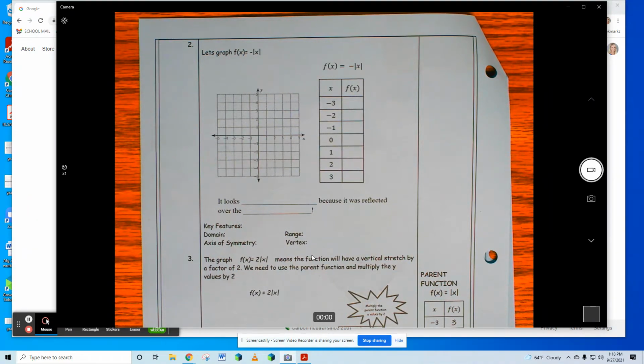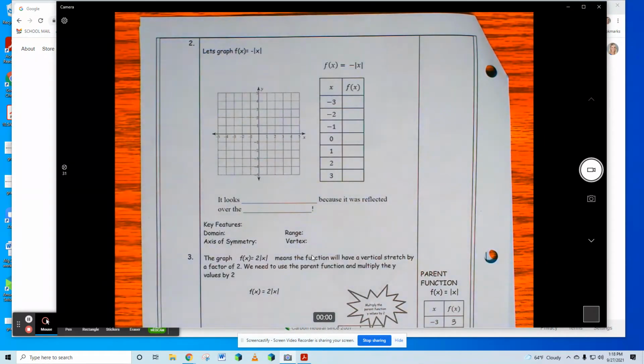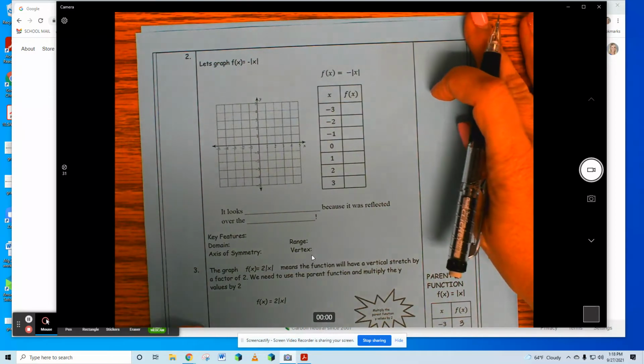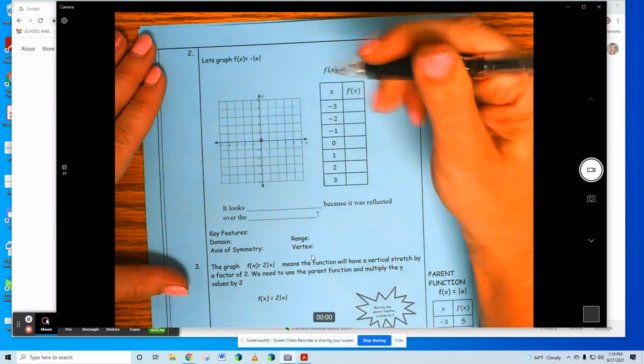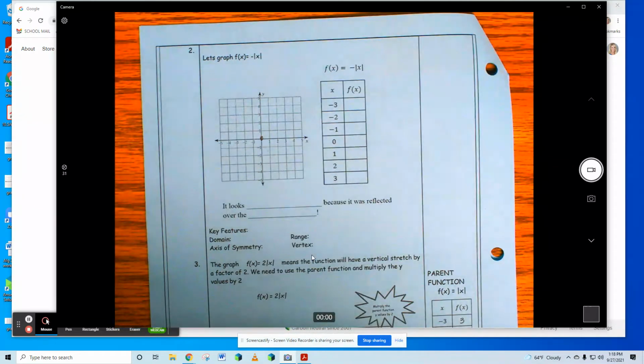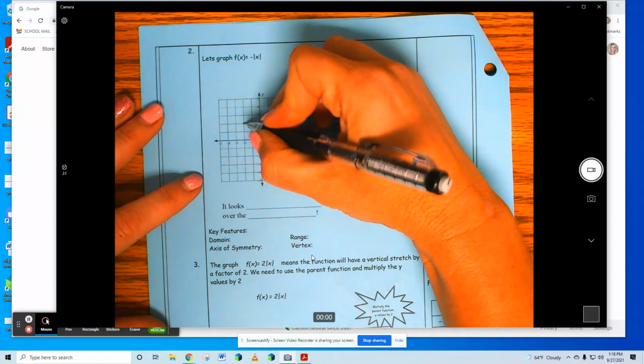It would turn it. And let's find out how. So, negative. Oh, you know what? I need to first draw my parent function. I'll do that in pencil. That's the same as last example on the front page. It's just upward increasing. It's a V shape, guys.